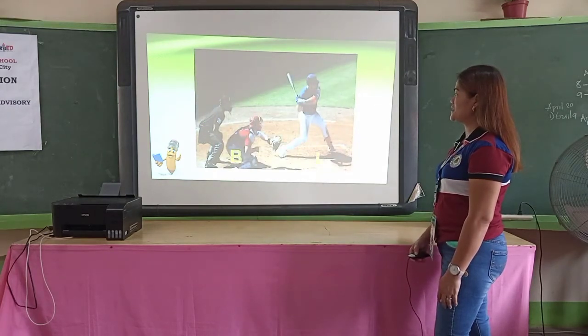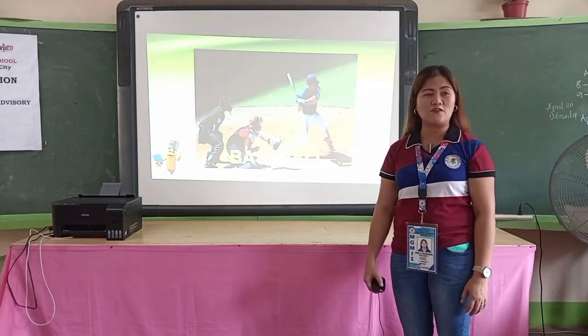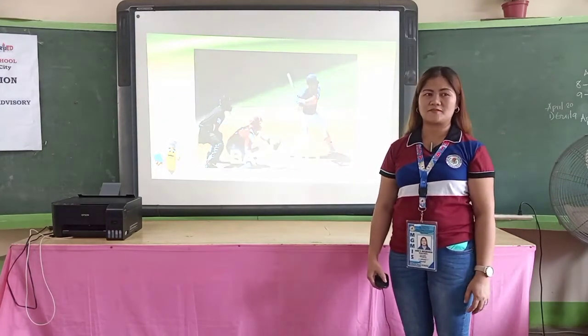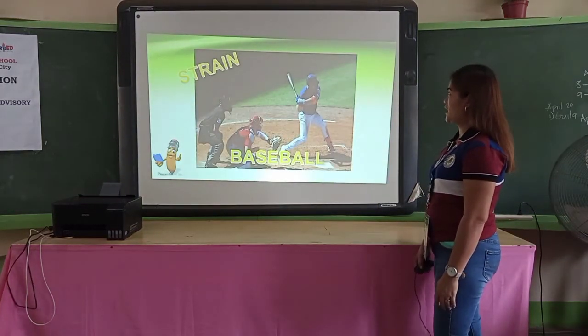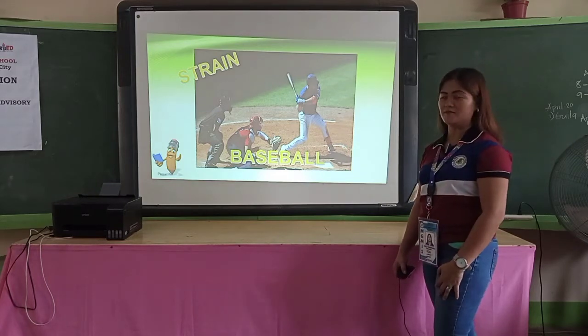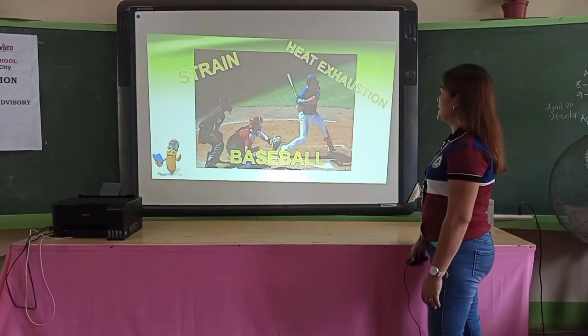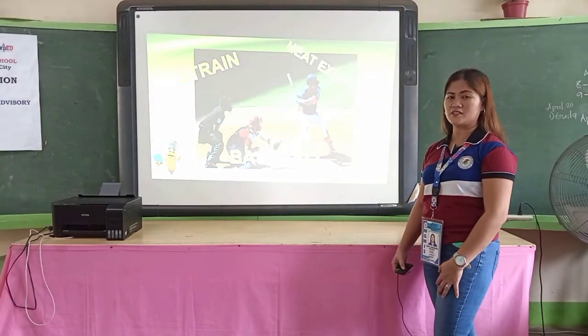The game is baseball, but if you answered softball, that will be checked. Okay, so a baseball player could have strain, heat exhaustion because they were exposed to the heat of the sun.